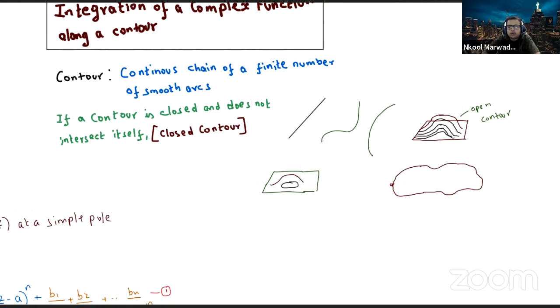The contour we are now getting is basically a closed contour. Something like this. So the idea of a closed contour is clear to us.